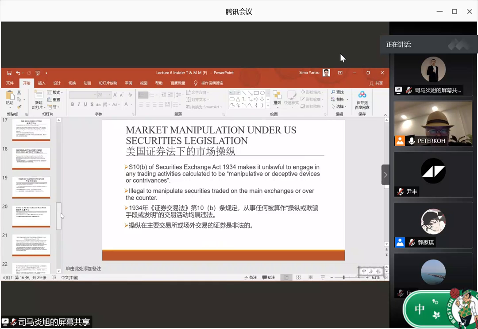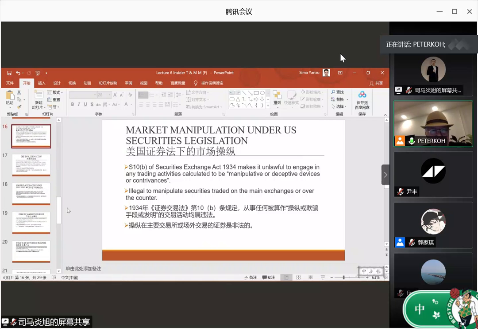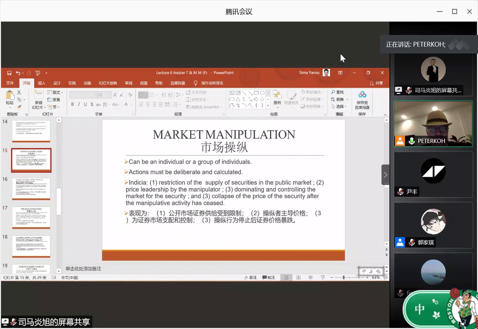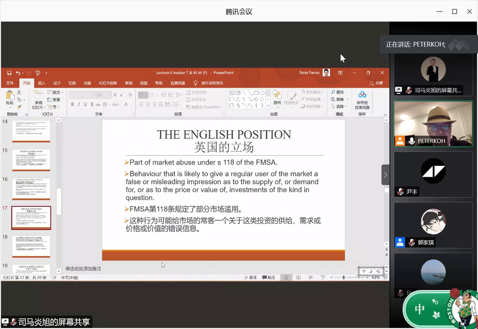Now, we talk about 16, the English position first. Now, in England, it is still called market abuse, right? Under the Financial Services and Markets Act, market abuse. Market manipulation is under this position called market abuse.